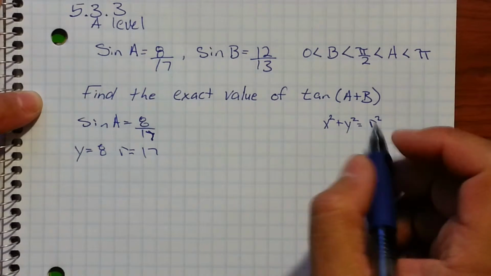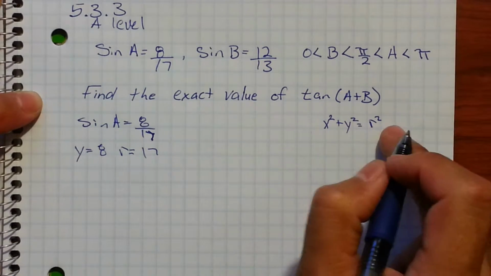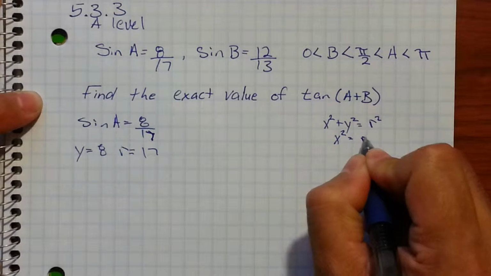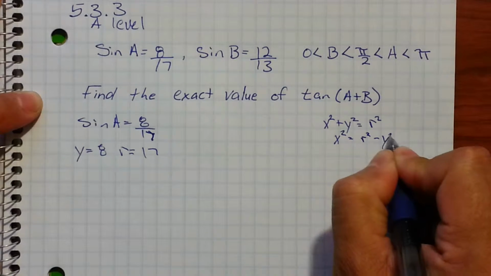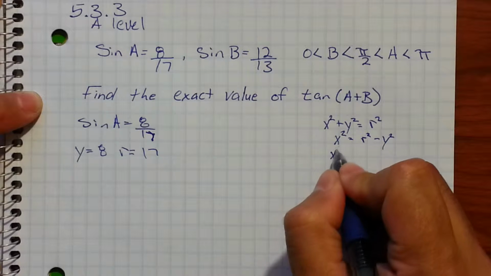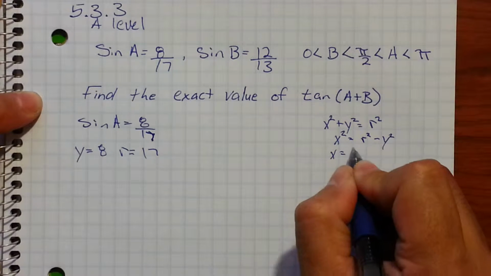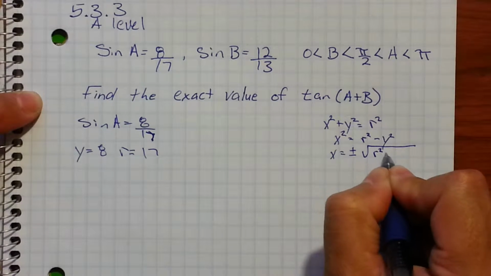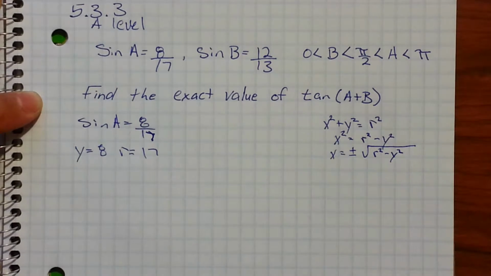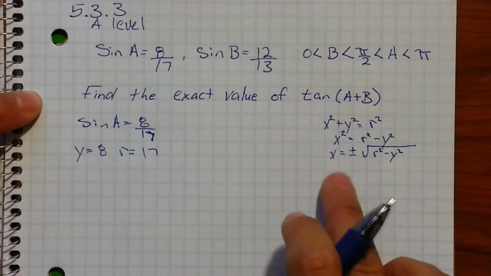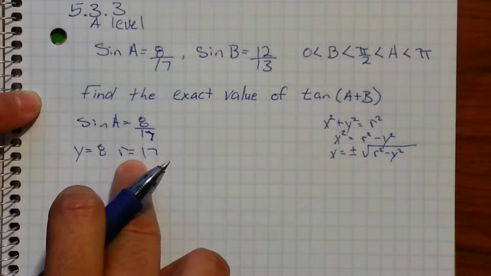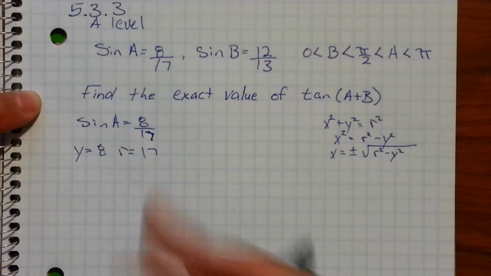So if I do some manipulating, let's subtract y squared from both sides, I get x squared equals r squared minus y squared. Square root both sides, so I get x is equal to plus or minus the square root of r squared minus y squared. So I'm going to use that to find my missing x. I have the y, I have the r, I'm just missing the x to find the cosine here.